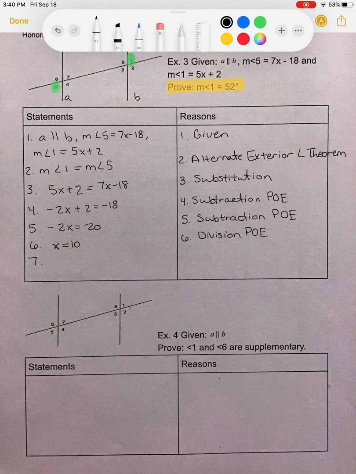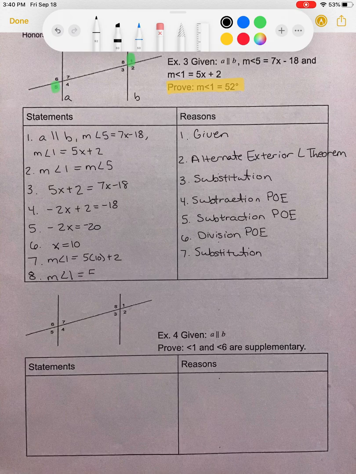So on step 7, I'm going to plug that in. Angle 1 would be 5 times 10 plus 2. Call that substitution. And so, let's see, make sure my math is right here.